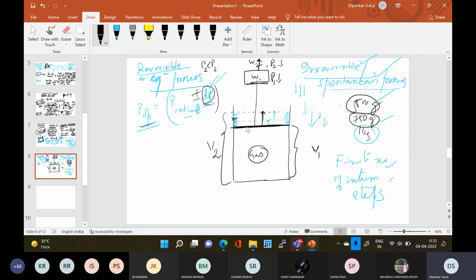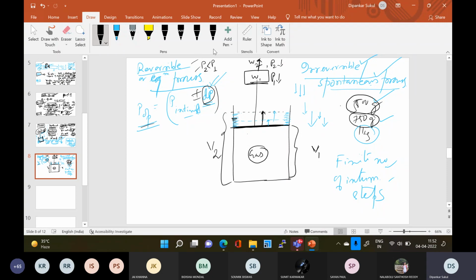I am again telling you, if the process is truly a reversible or equilibrium process, then there will be an infinite number of intermediate steps during any change in state.